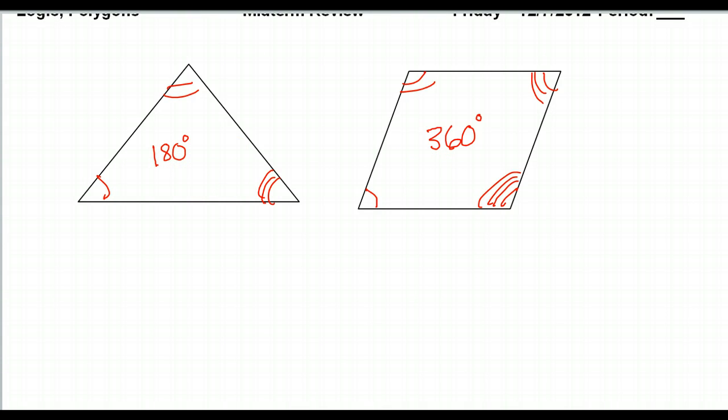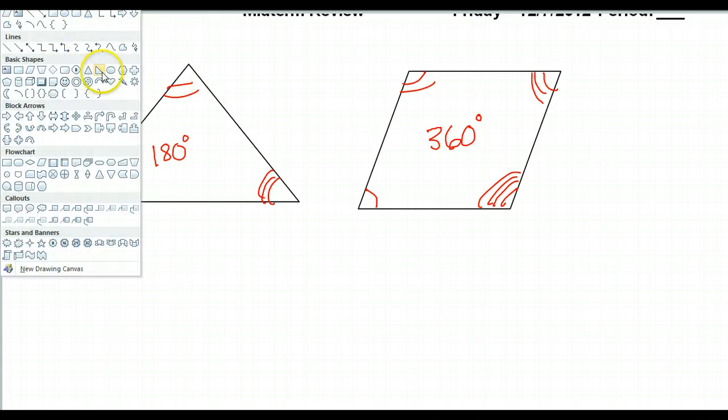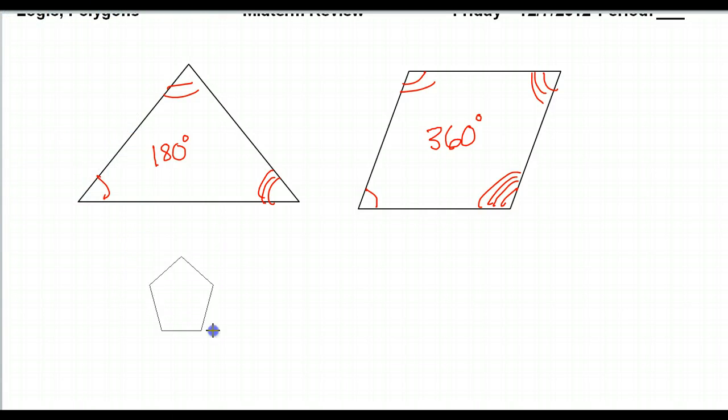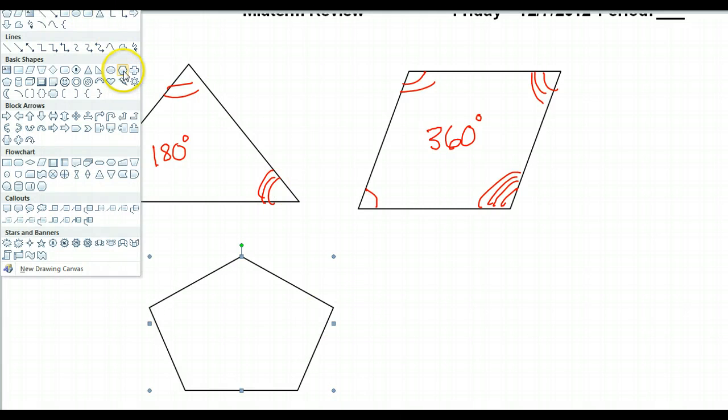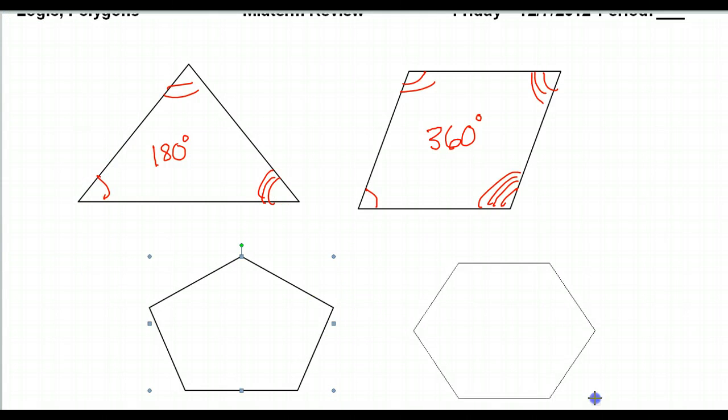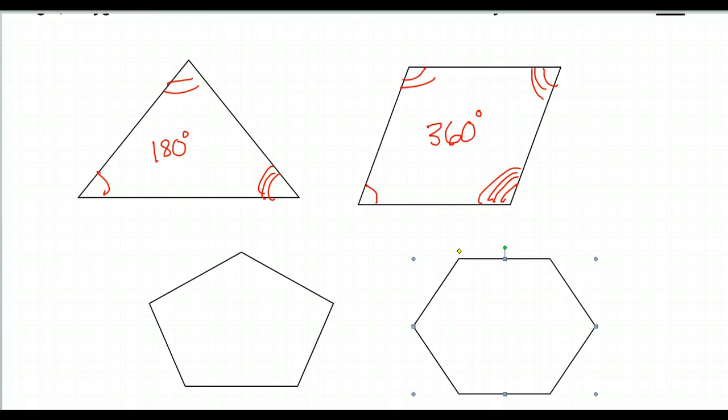But there are circumstances in which we need to know what the degrees are for even more complicated shapes. Like, what about a pentagon? Or what about a hexagon? And so on. Alright, so it turns out that there is a formula for finding the total degrees in any shape.